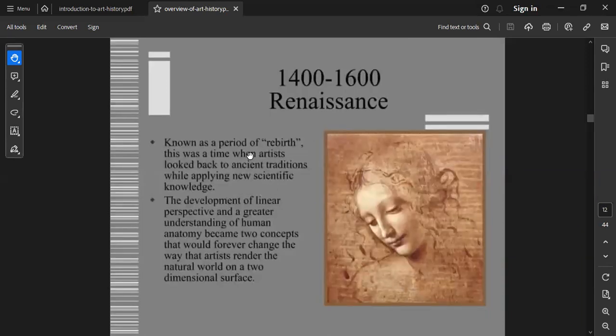Then we had the Renaissance. During the Renaissance era, this period is known as the rebirth, because here a lot of conventional aspects in terms of finance were broken into pieces, and people started believing in and digging into newer techniques. This is a very common trend that you will find throughout the entire timeline of history.